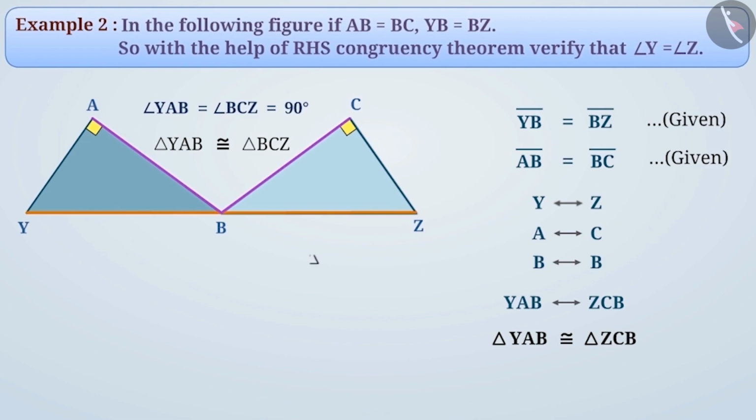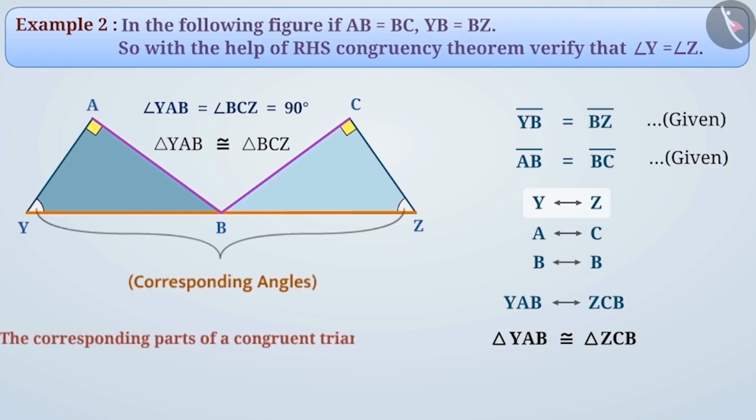Note that triangle ZCB and triangle BCZ are the same triangle. You will remember that we can write the names of any polygon in different ways. Because vertex Y corresponds to vertex Z, we can say that angle Y and angle Z are corresponding angles.